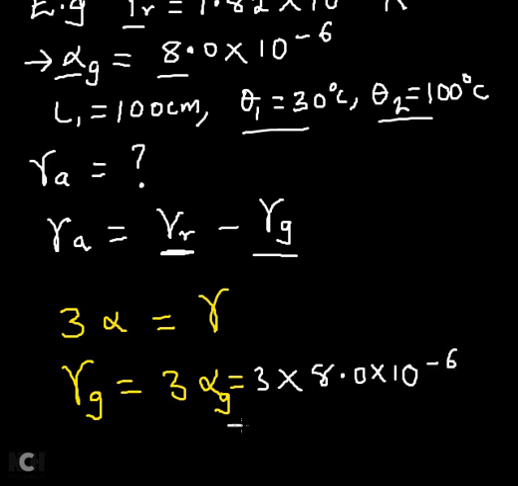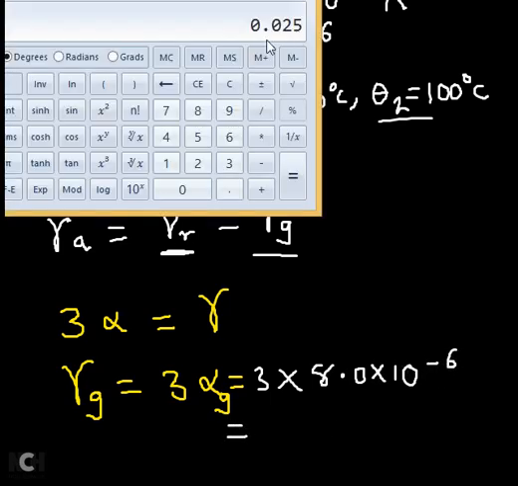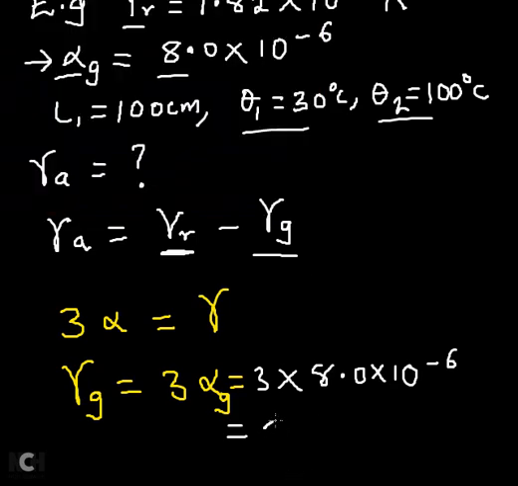Okay, so let's work with that. 3 times 8, of course, that's 24. So I'm having 24 times 10 raised to the power of minus 6. I can now apply that into this formula.